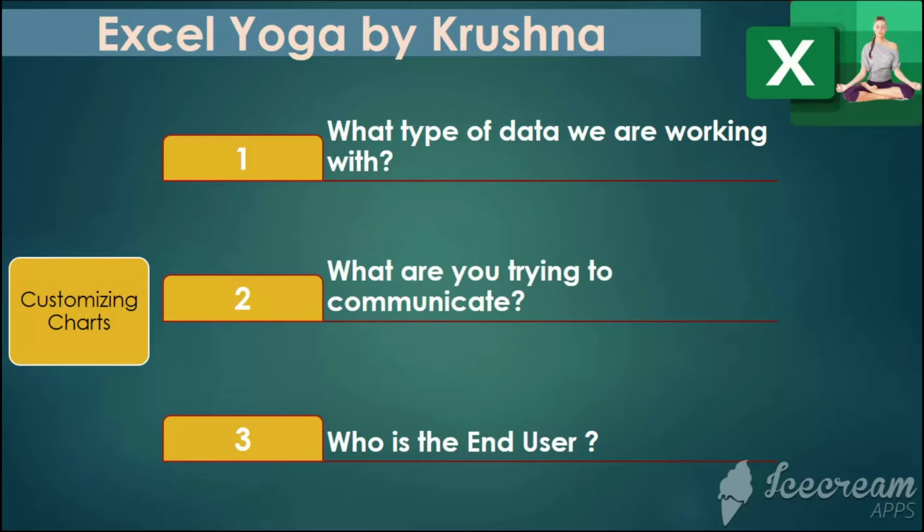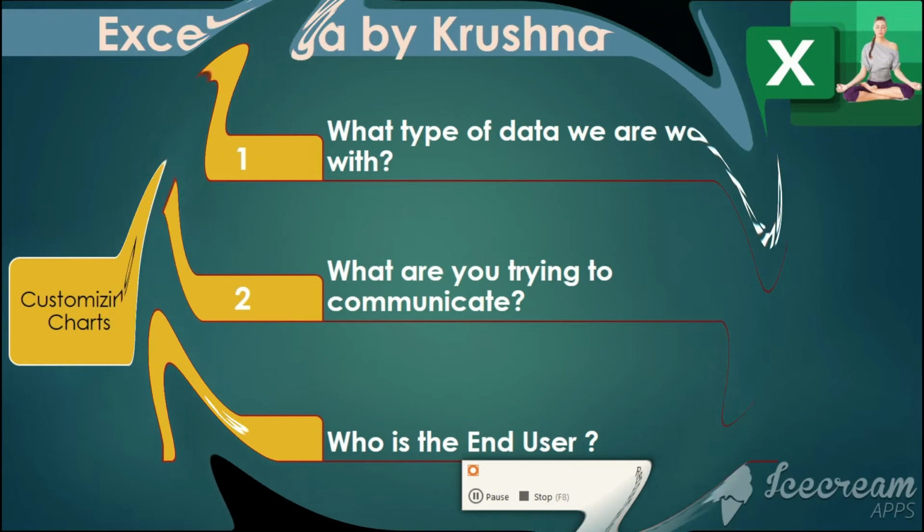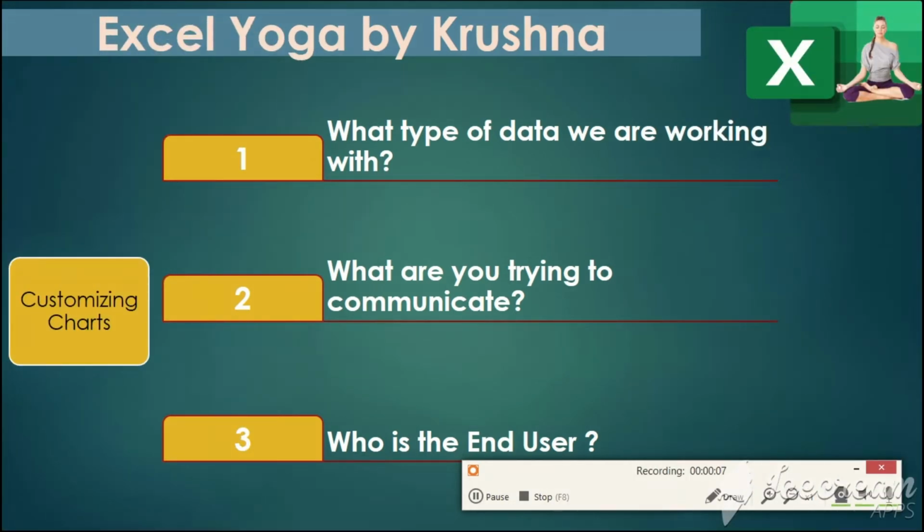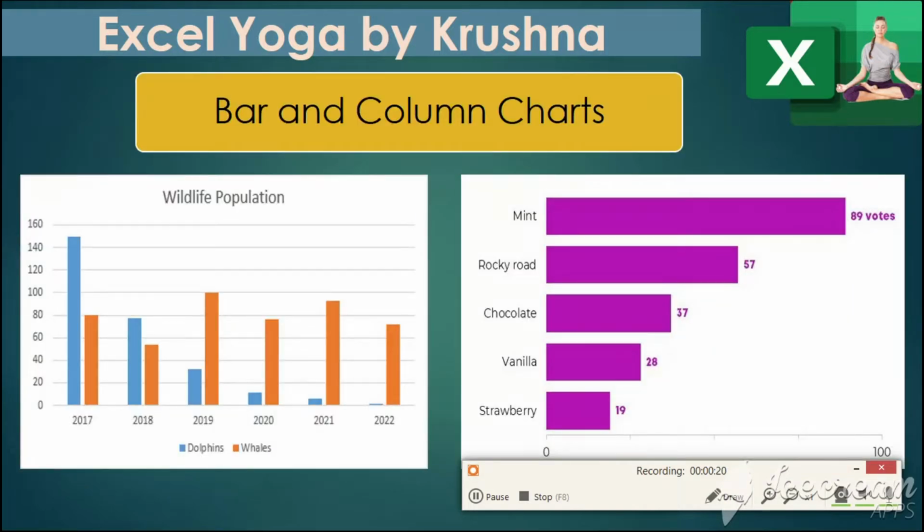So in this course, I have the charts which are really going to help you. Now I will give you some overview of some graphs or charts. So let's start with some examples. The graphs and charts you are looking at here are bar and column charts.